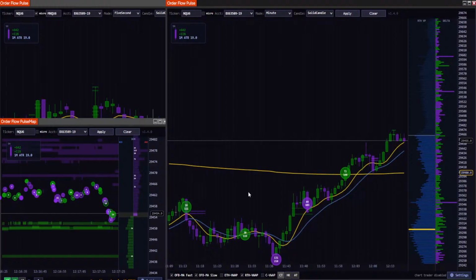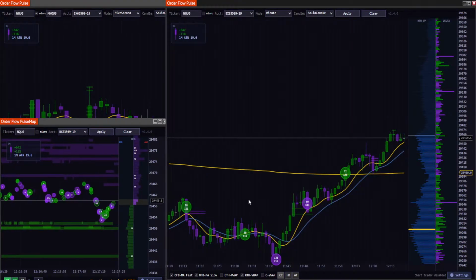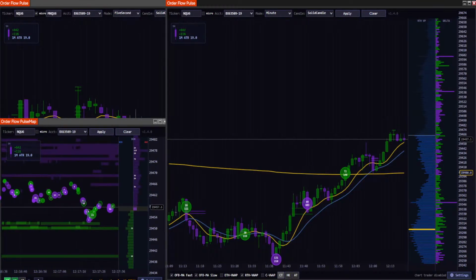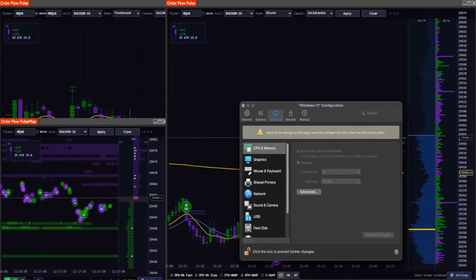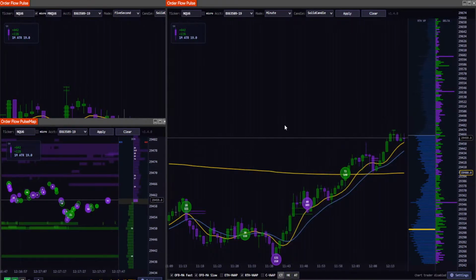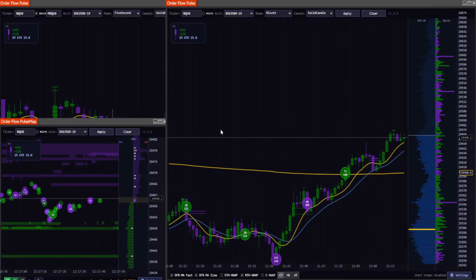I got a MacBook Pro, it's an M3. Here, I'll show you what I'm doing. This is what I got: processor 8, memory 14, and I'm trying to run Ninja Trader on that on Parallels. It's not a good idea, folks.